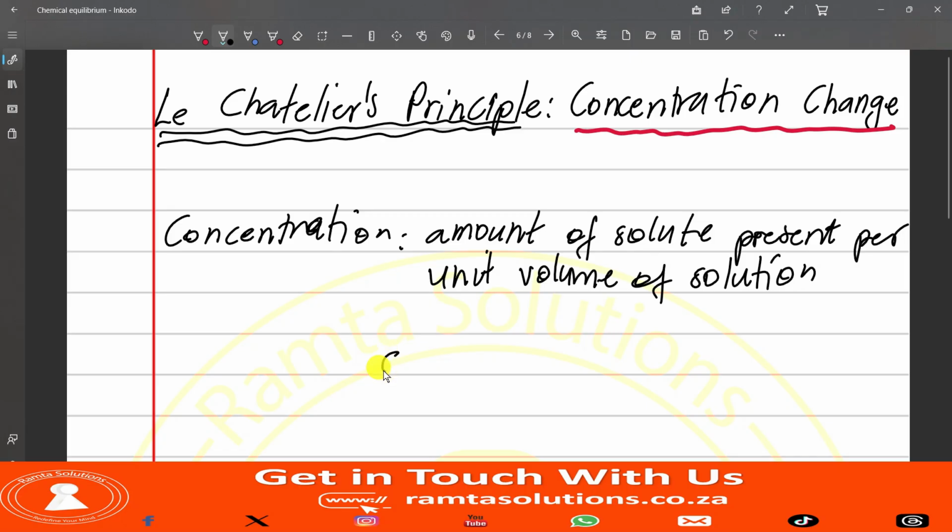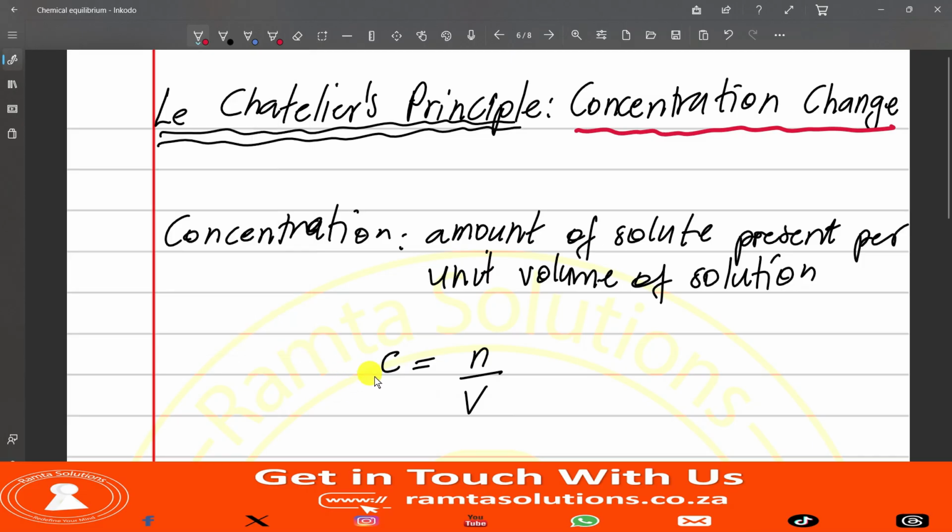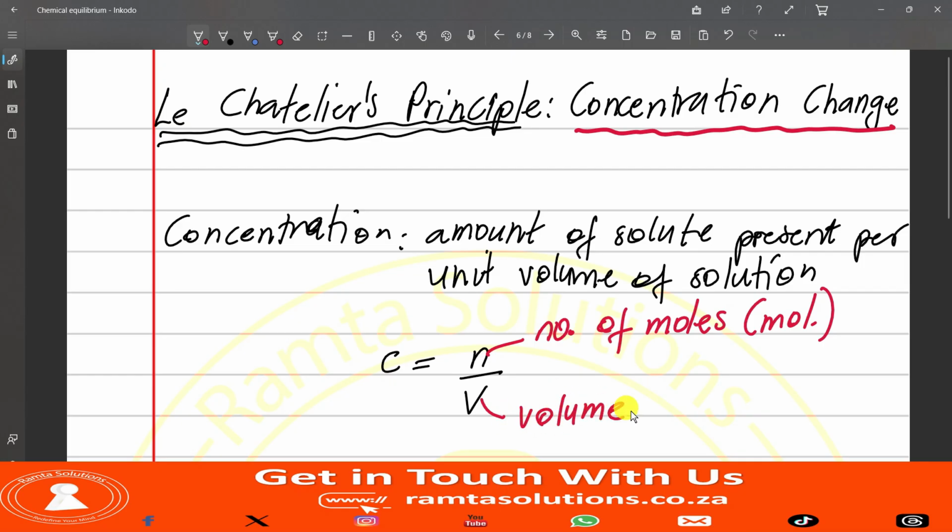And you use the formula C equals n over V, where n is the number of moles in the unit mole, and V is volume. You were using cubic decimeter. And C is concentration.